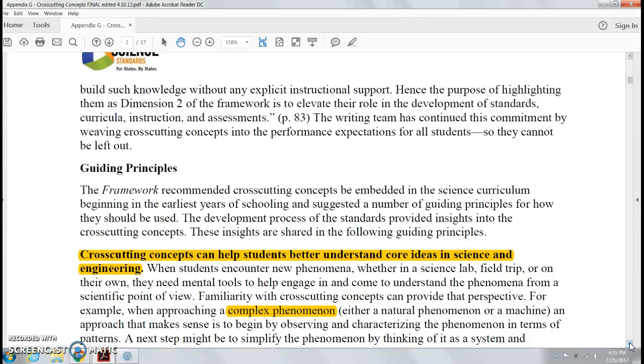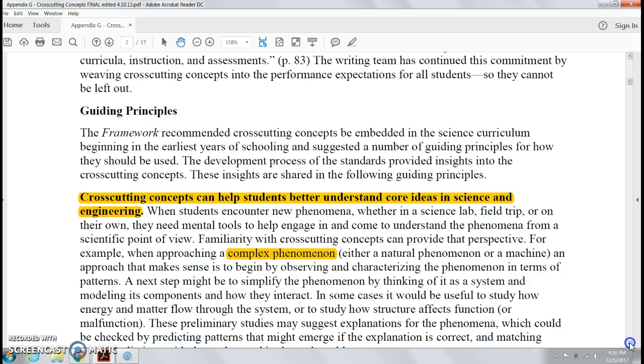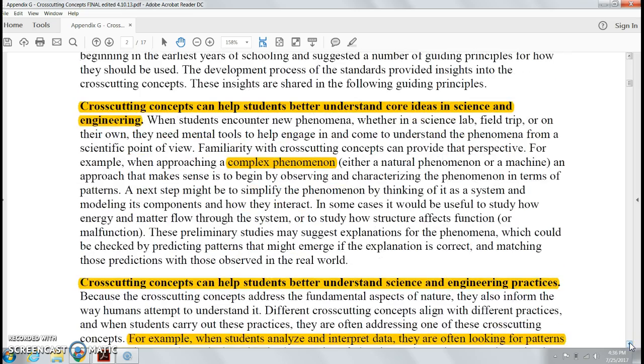The cross-cutting concepts can help students get a better understanding of the core ideas in science and engineering, and they can help students address very complex phenomena by breaking down information, by looking for patterns, looking for connections between systems and system models. By using those 7 cross-cutting concepts, it can help them address more complex phenomena that they find in science.